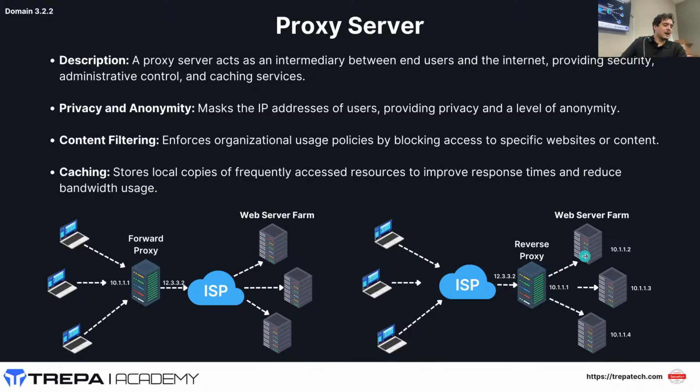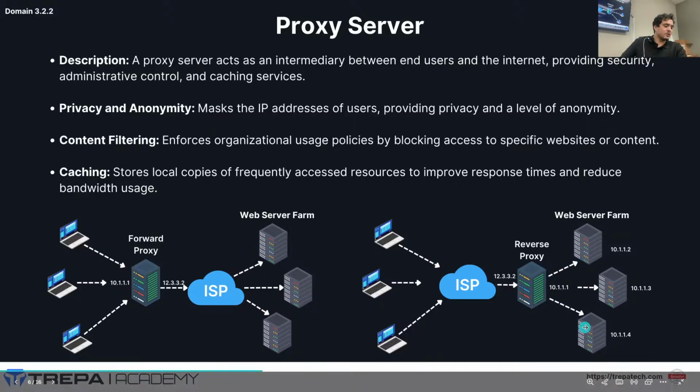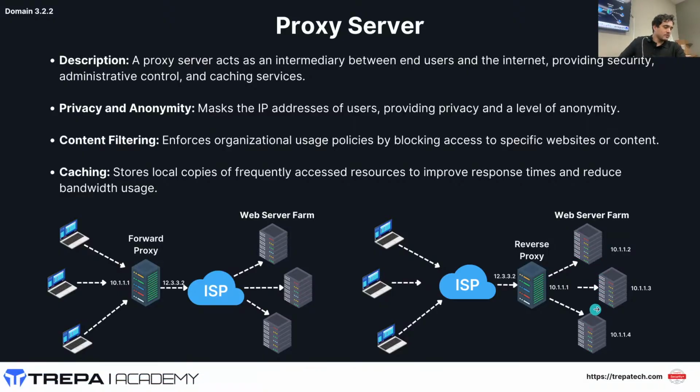A reverse proxy usually sits at your data center or wherever your web server farm is. This could be in the cloud as well, where these web servers have their private IPs, and when a user connects to my website here, instead of connecting to this 10.112, they actually connect to this 12.332, then the proxy server sends that traffic on, okay?